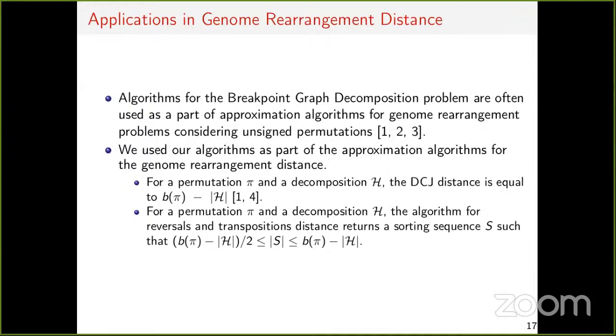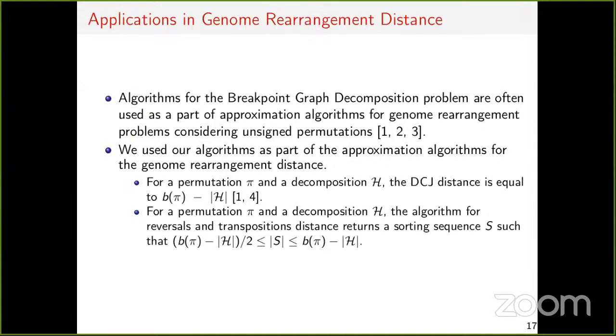We considered two models. The first model uses the double cut and join rearrangement, and for permutation pi and decomposition D, the length of the sorting sequence is equal to the number of breakpoints of the permutation minus the size of the decomposition.